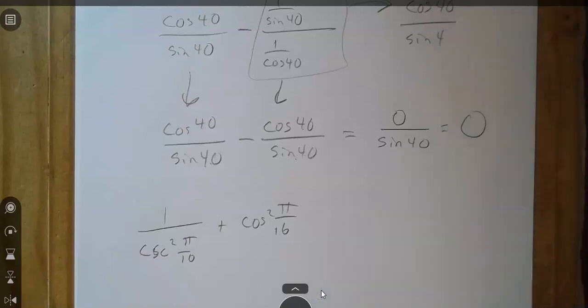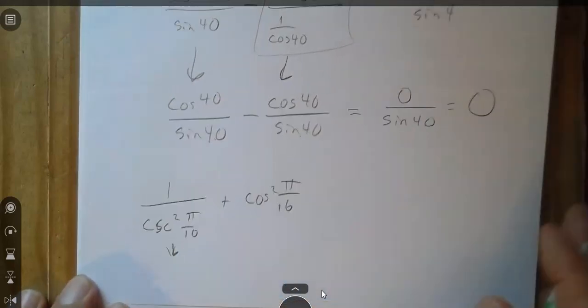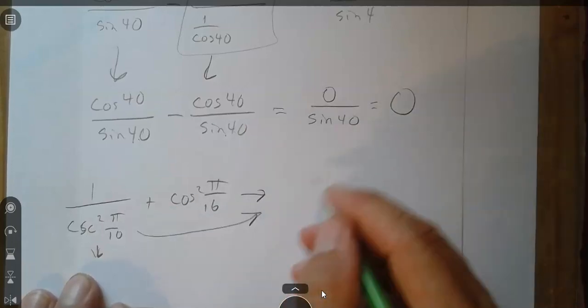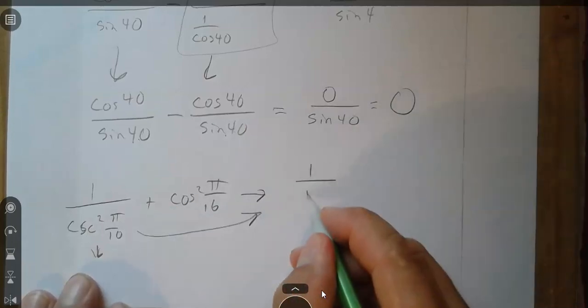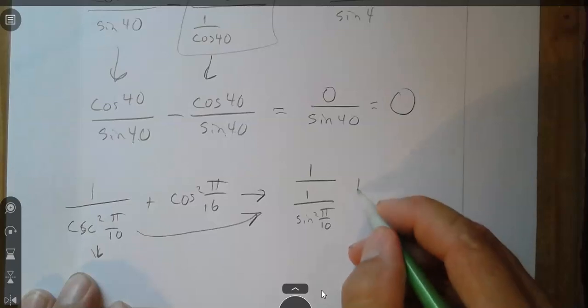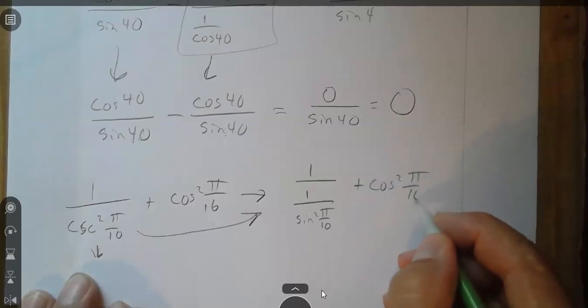This one we can rewrite as 1 over sine squared of pi over 16 plus cosine squared of pi over 16.